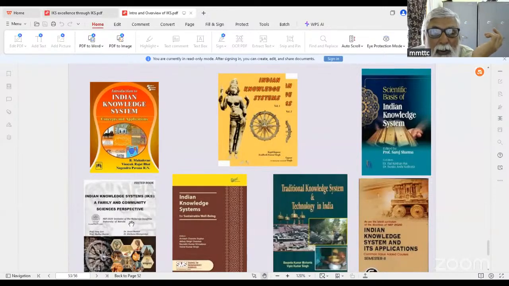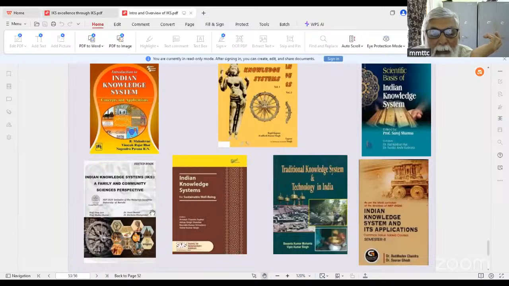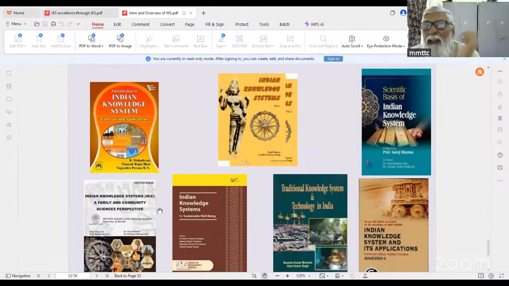But my understanding of these books, and I also know some of the authors, is that the problem is all of them start with Indian knowledge resources, which are the corpus of oral and written traditions, the majority of which are related to scriptures and are Sanskrit-based. So Sanskrit has become a big barrier to learn.